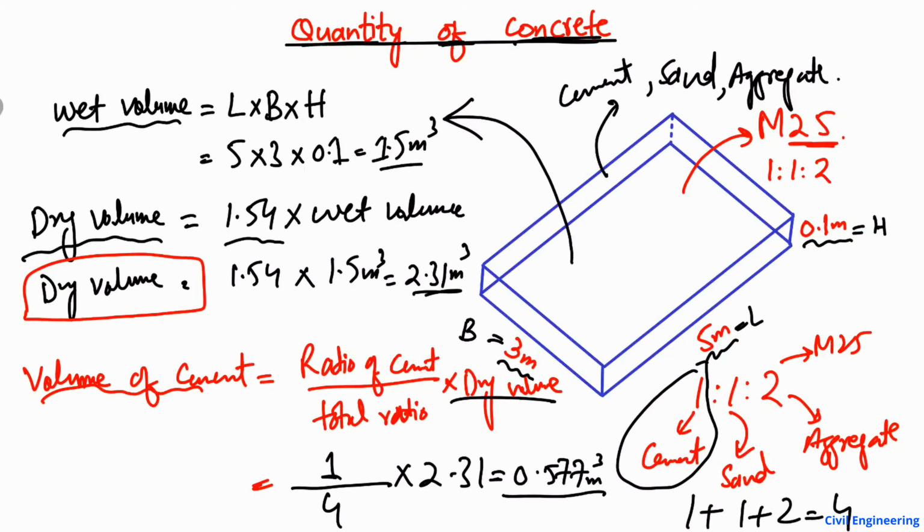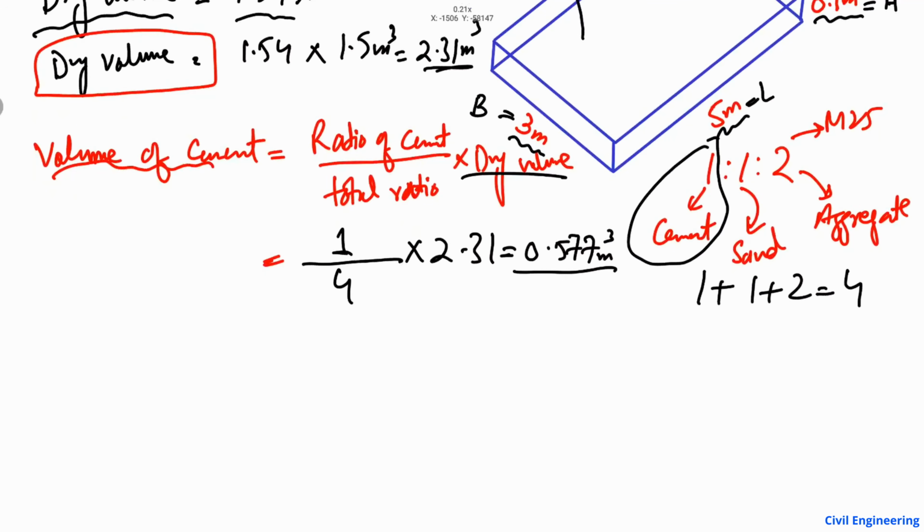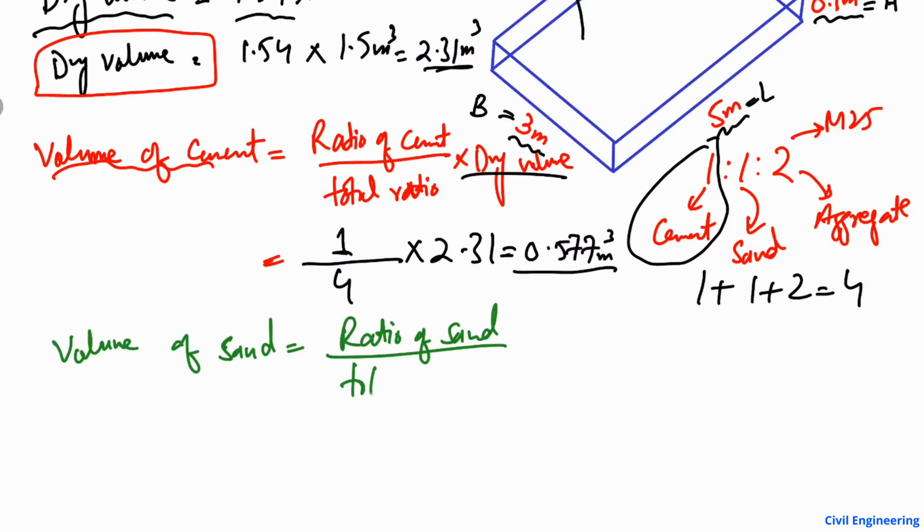In the similar way, we will find out the volume of the sand. So how? The volume of the sand will be equal to the ratio of the sand divided by the total ratio, multiplied by the dry volume.